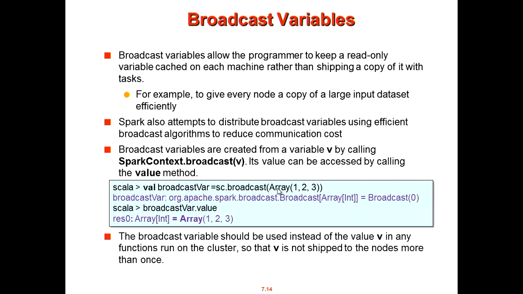For this broadcast variable, it will be cached on each worker node, and it can also be used when it is required for some operations. So you can see in this example, if you check the broadcast value, it will return the value to you. It is an array containing some integers.